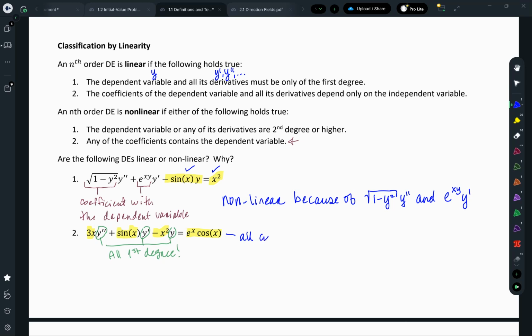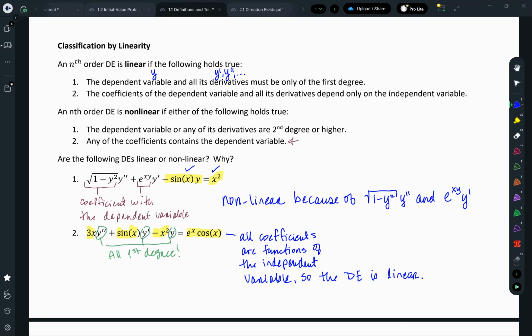So all coefficients are functions of the independent variable. So the differential equation is linear. And that's it. That's all we have to do.